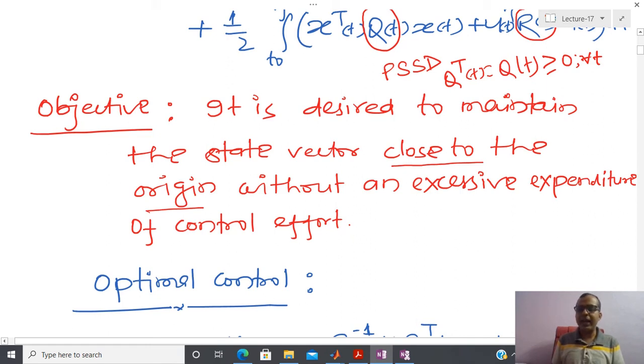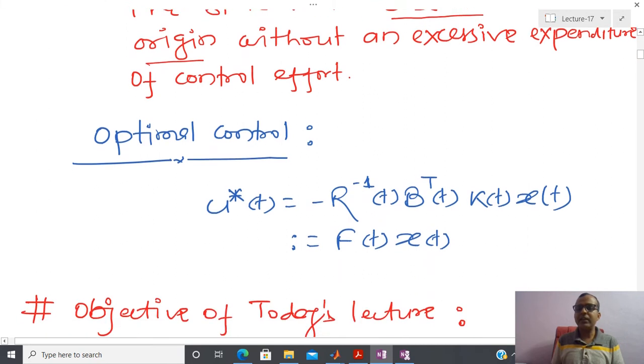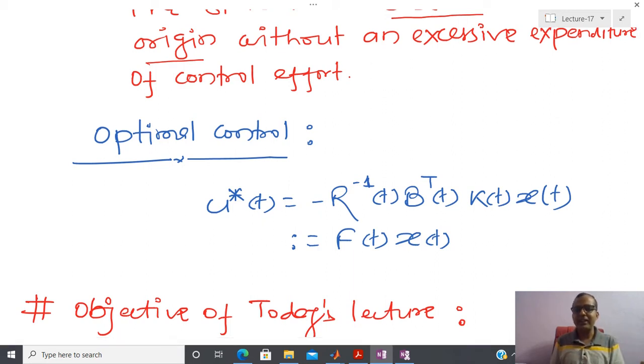What we found is that by defining the Hamiltonian, by defining the proper state and costate equations, and after that defining the boundary condition, we get one set of linear time varying equations in terms of the state and the Lagrange multiplier p(t) we have defined.